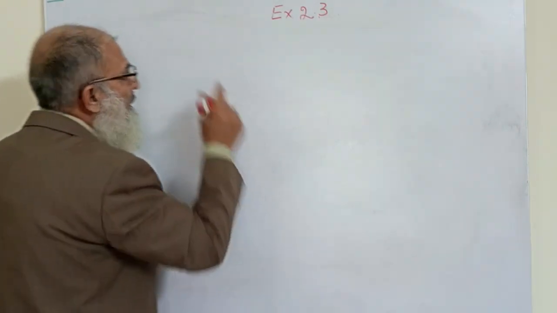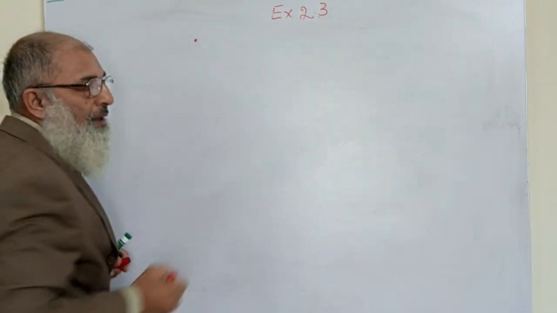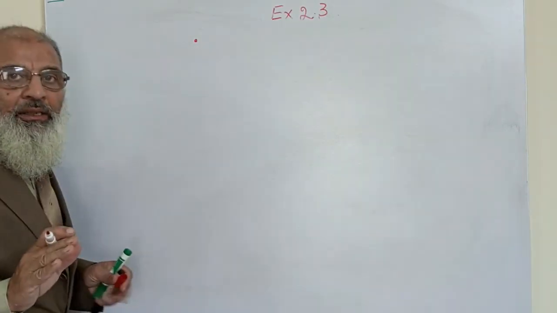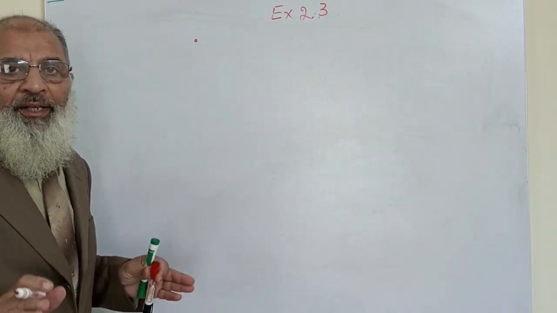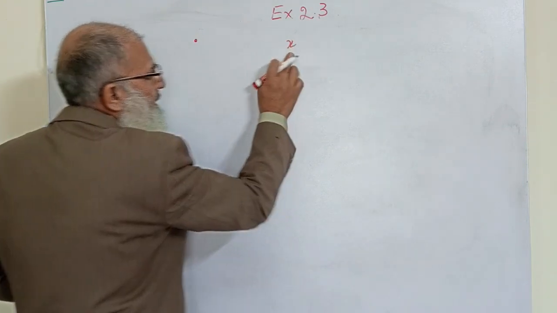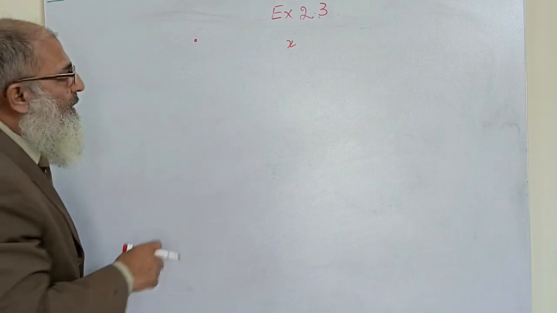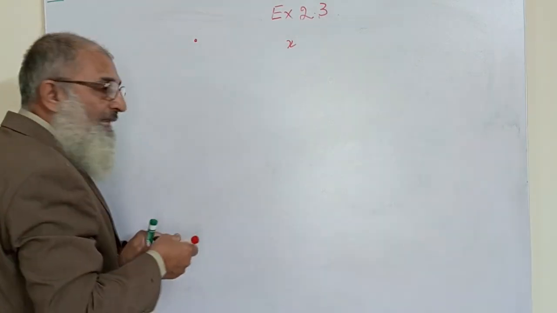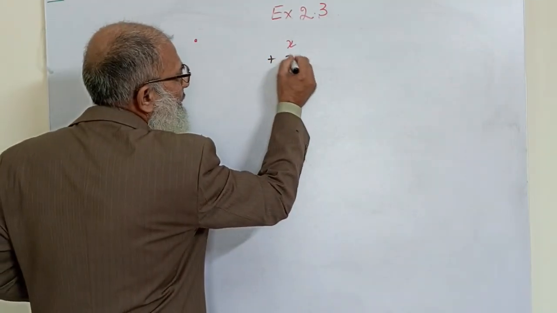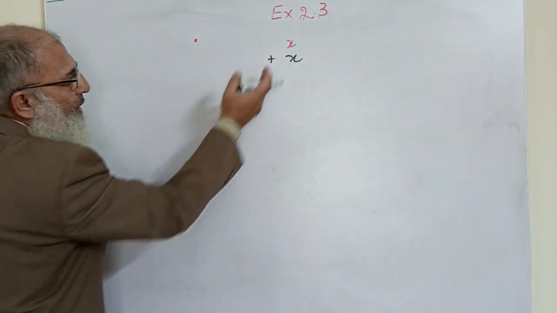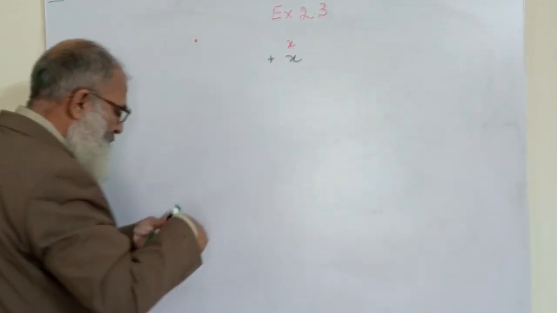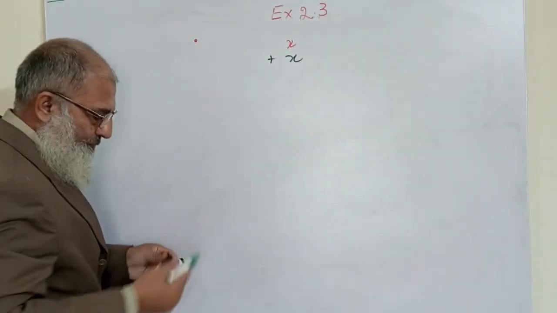So, rule number one is that like terms, like variables, can be added. For example, if it is x, then x can be added with x. And if no coefficient is written over here, then I told you that it is always 1.